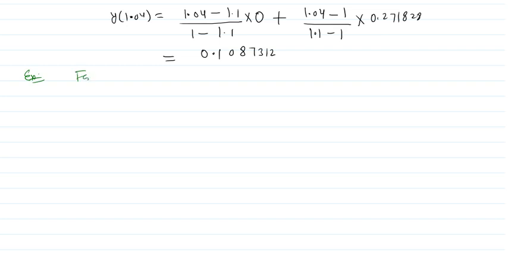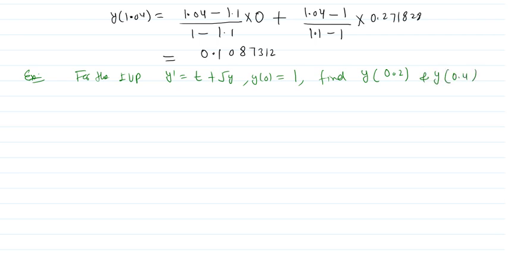So for the initial value problem dy by dt equal to t plus under root y, with the initial condition, for this IVP, find y at 0.2 and y at 0.4 with step size 0.2, using modified Euler's method.